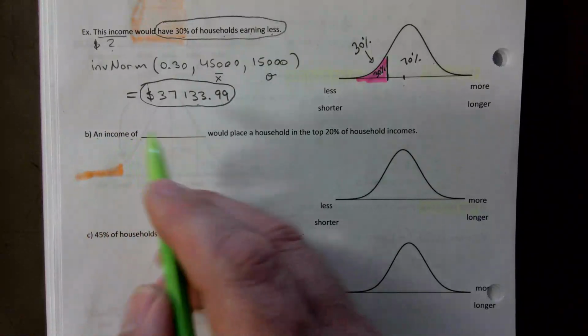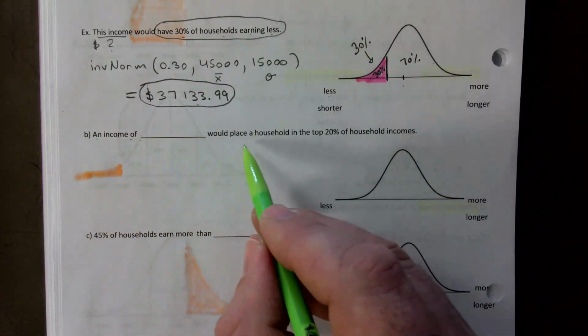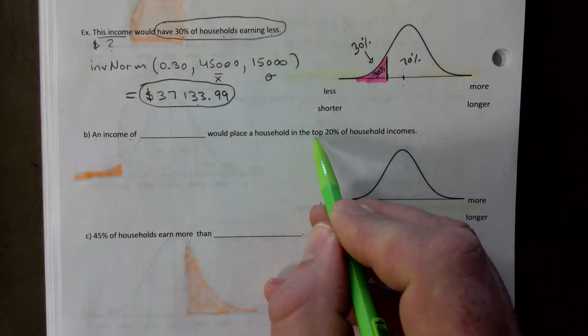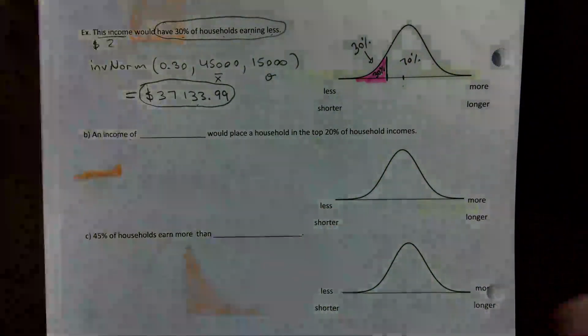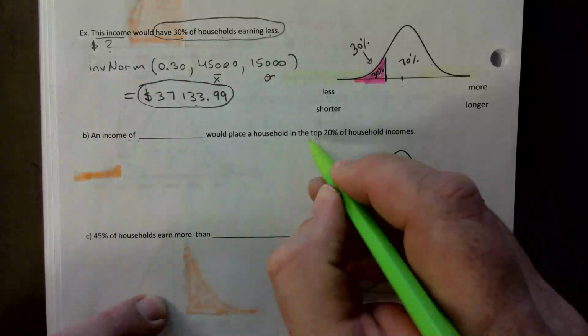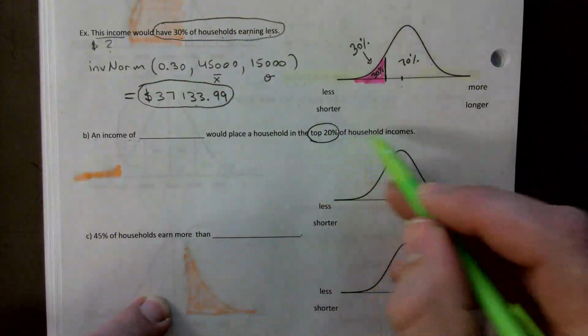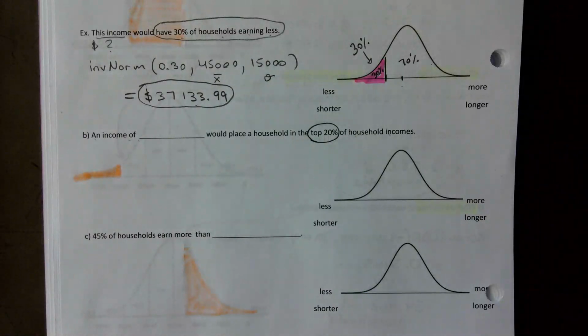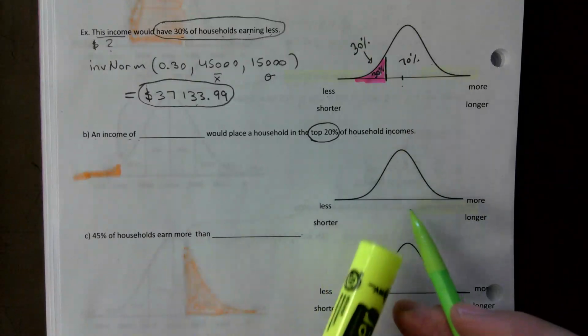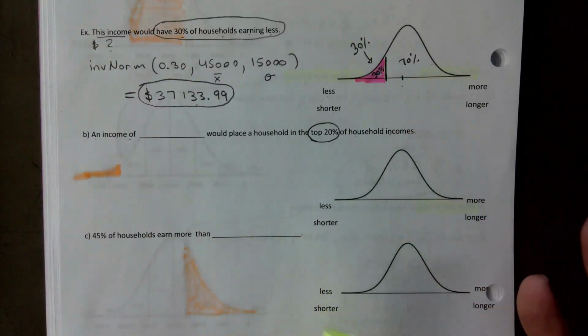An income of question mark would place a household in the top 20% of household incomes. When you think top, you're thinking left or right of the curve? Right.